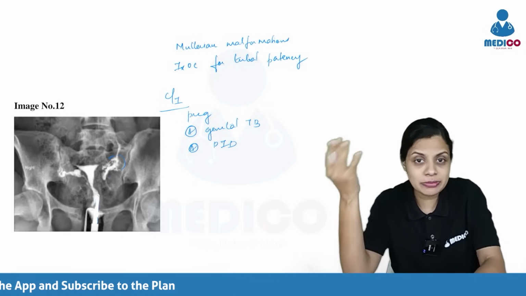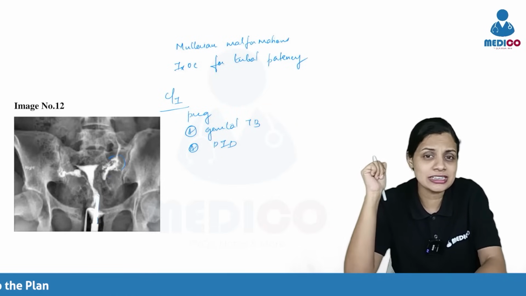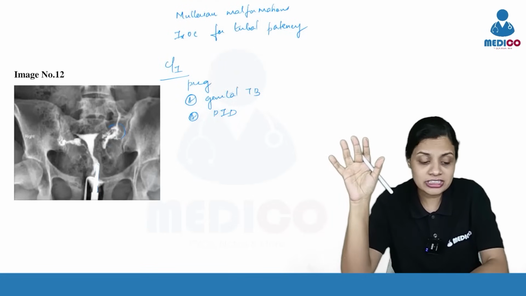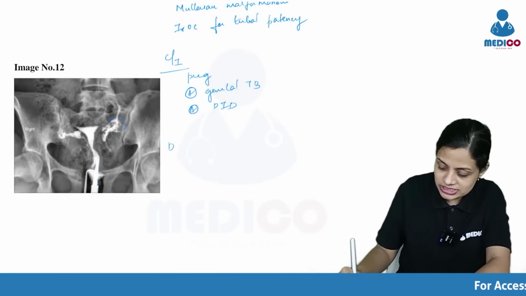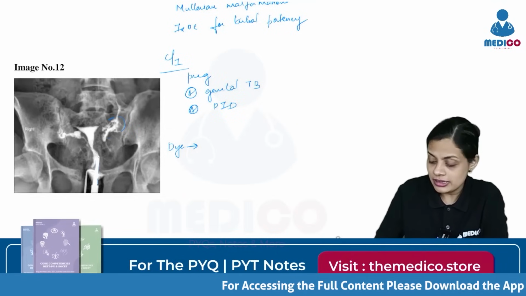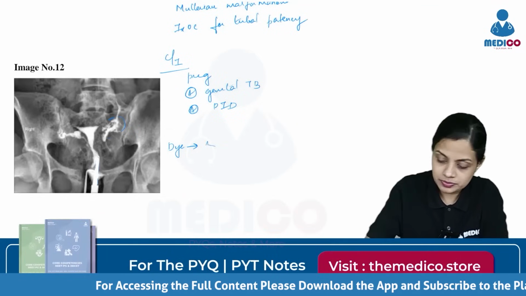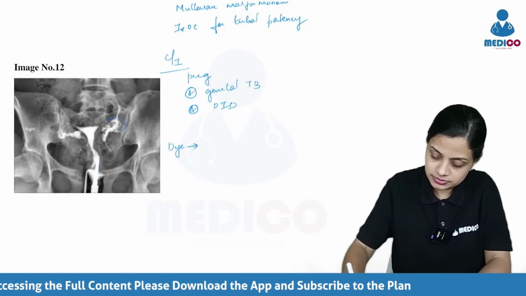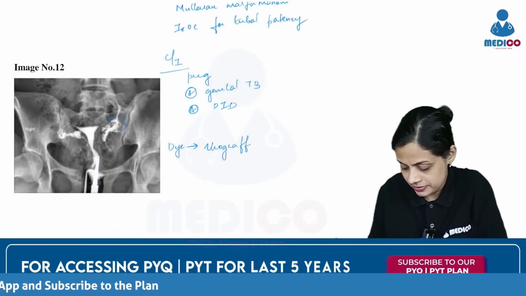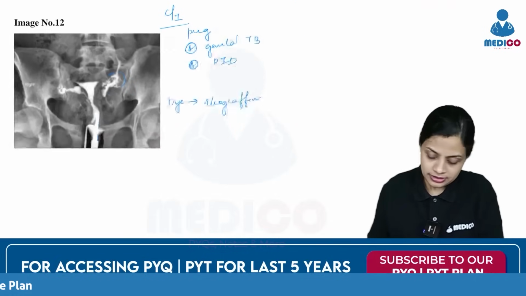Why? There can be dissemination of the infection. So whenever there is an active disease, whether it is PID or genital TB, then HSG is not done. What is the dye that is used? We said it is an iodinated water-soluble dye. It is urographin. The dye is urographin. All right.